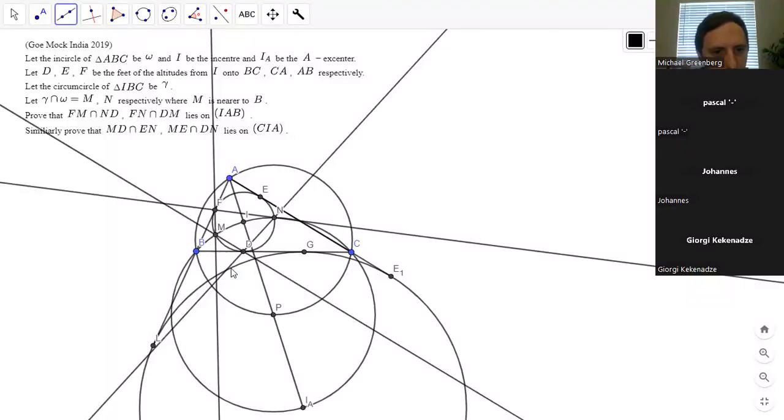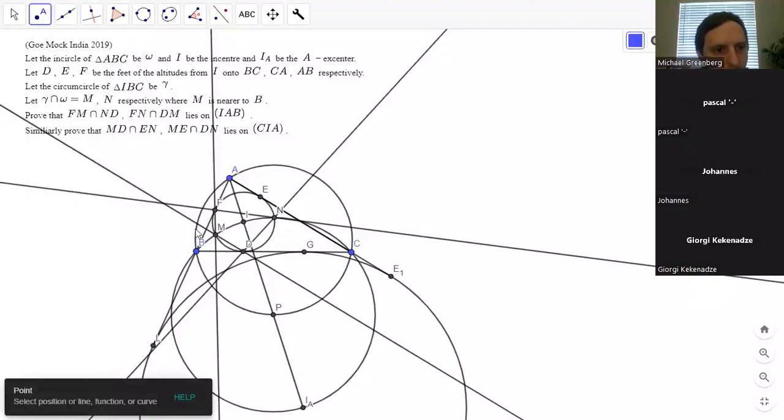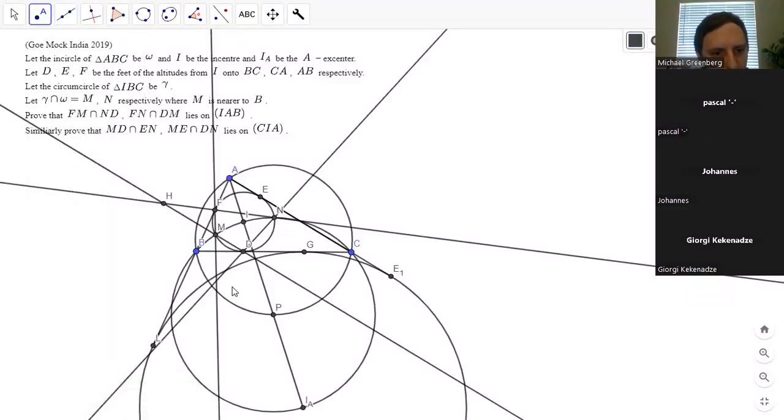So those two points. I think they just mean one of them, okay, but even that's, wait, not true. Let me check. FN intersect TM. Let's see, did I do something wrong here?